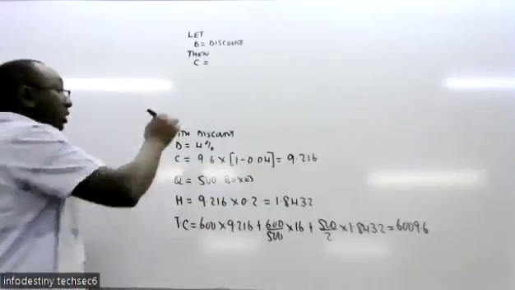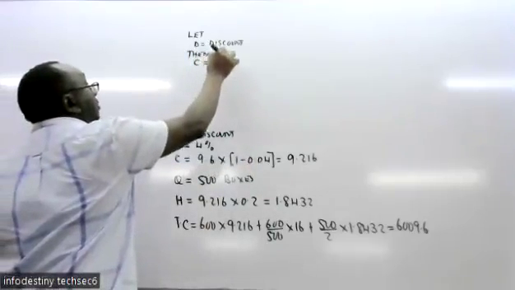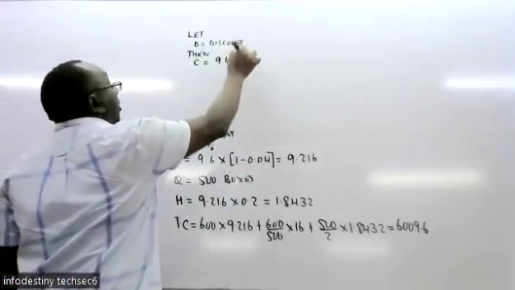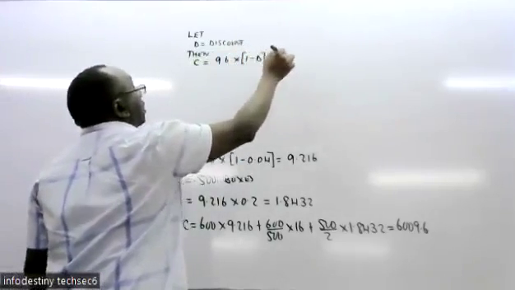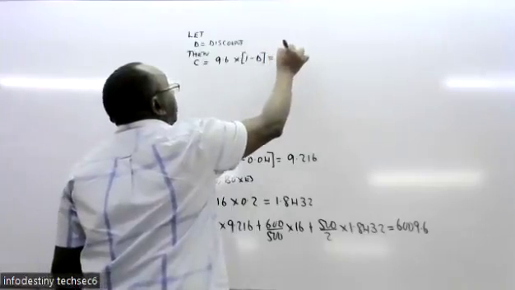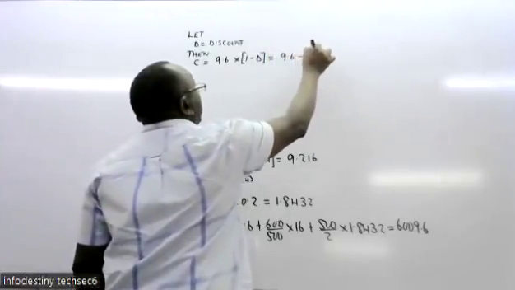So we do the same thing. It will be 9.6 multiplied by 1 minus D. So this opens up as 9.6 minus 9.6D.